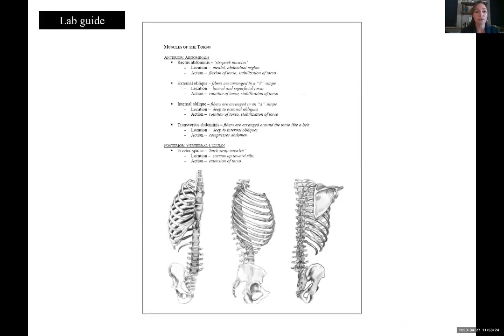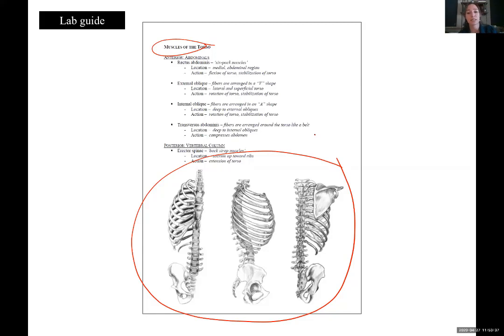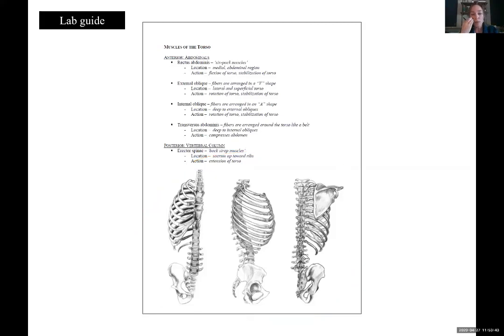So if we're talking about the muscle of the torso, I only have one on the posterior side, and then I have these abdominals on the anterior side. Now notice if we're doing muscles of the torso, look at what a doorknob I am. I put a skeletal system there. Well, I actually did it on purpose, so I wasn't just being a doorknob in this case. I put those there because I wanted you to draw your own muscles.